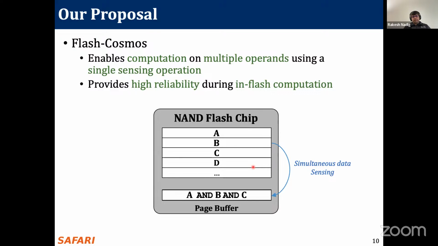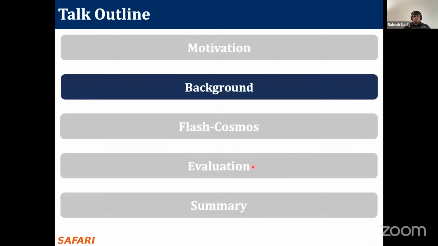As we will see later, we can do this up to the number of pages that are available in the flash block. And for bitwise OR, we can perform these computations across blocks as well. And we also show a technique to improve the reliability of such operations. So that is the motivation for this work.